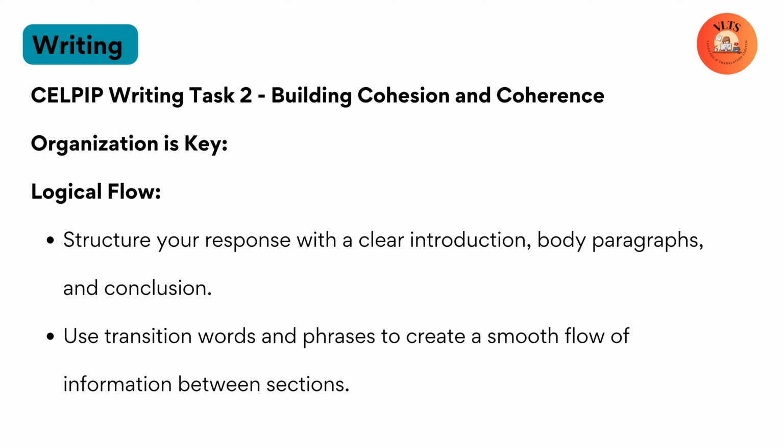There should be a logical flow of information, and this will happen through structuring your response with a clear introduction, body paragraphs, and conclusion. Do not forget to use transition words and phrases to create a smooth flow of information between these sections.